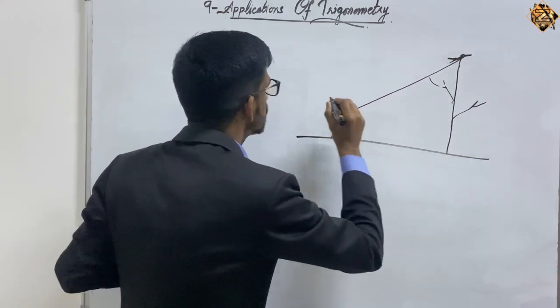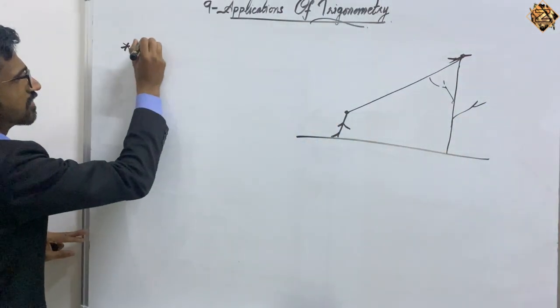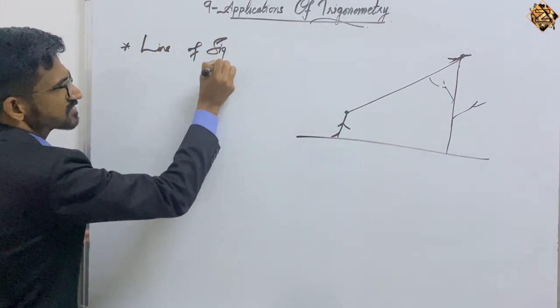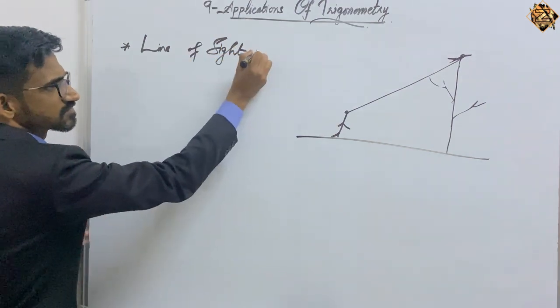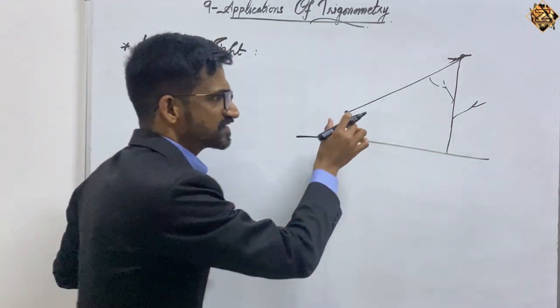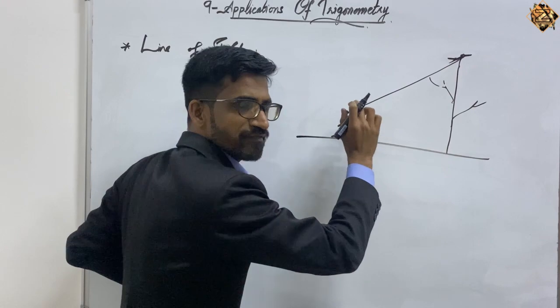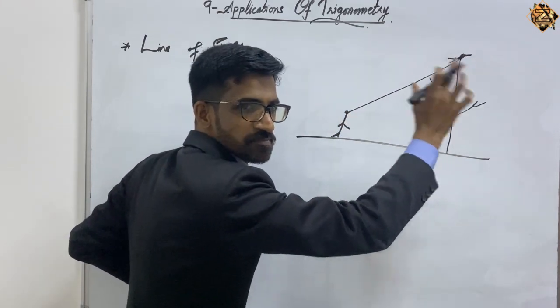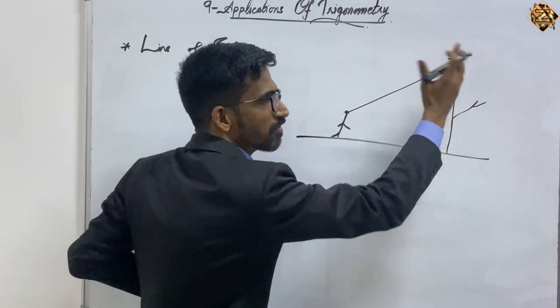This line is called the line of sight. Okay, line of sight is what? The line drawn from the eye of the observer towards the object. Here the object is bird. The object is on the top of the tree.